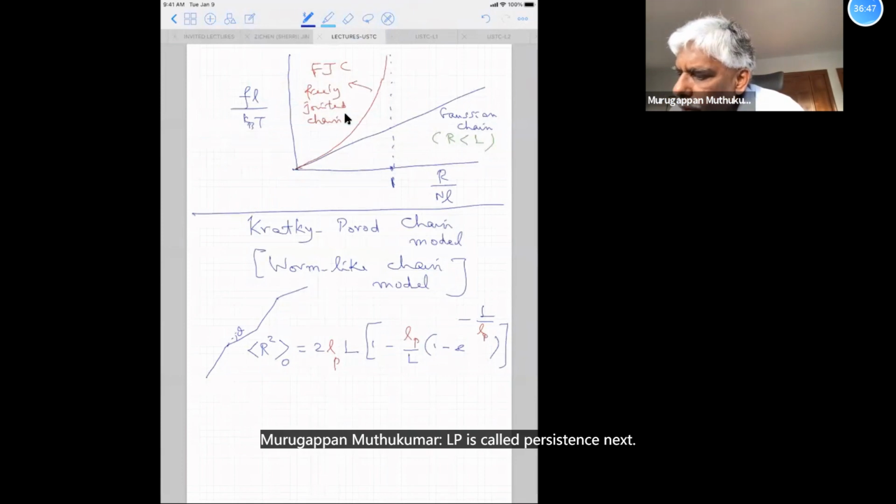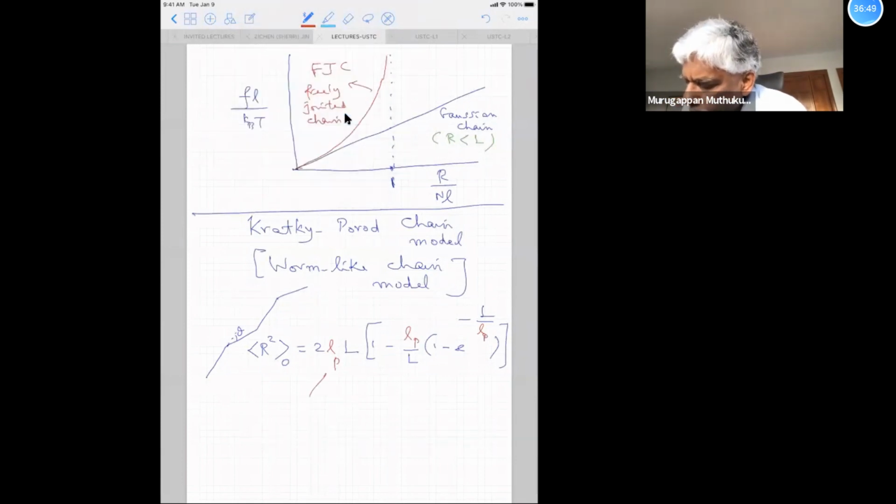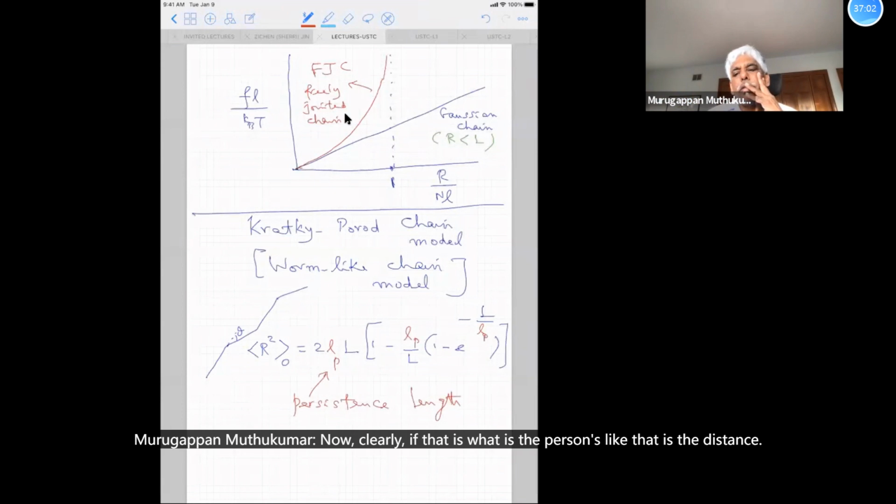This LP is called the persistence length. What is persistence length?